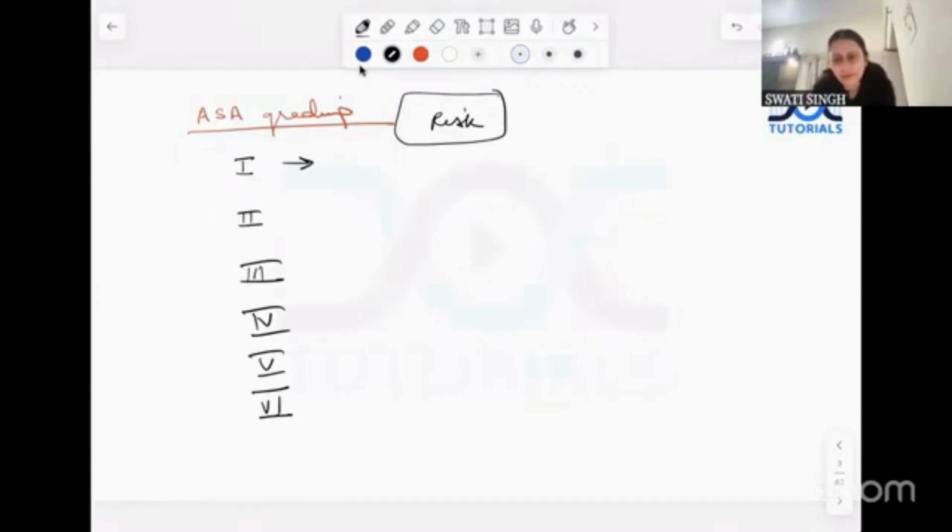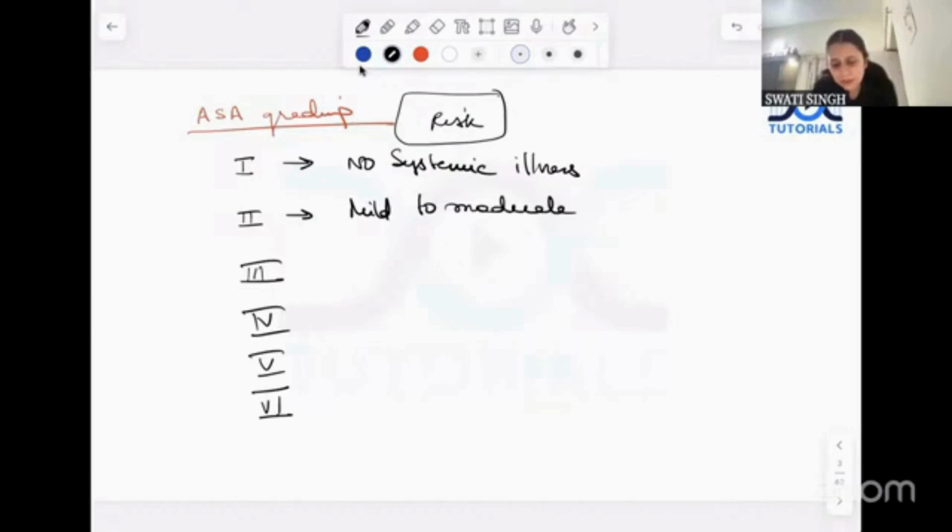The patient doesn't have any systemic illness, a healthy patient. ASA grade 2, the patient has mild to moderate systemic illness, which is not causing any major limitation on day-to-day activity.